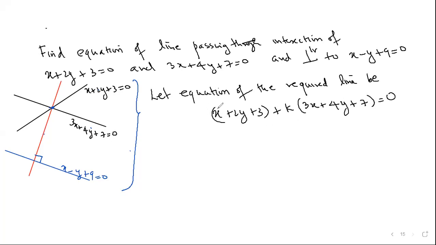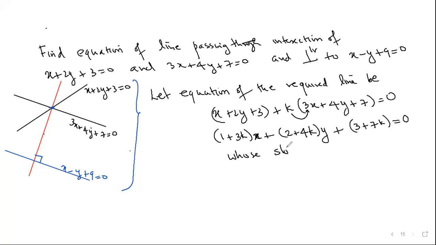What is the coefficient of x here? 1 plus 3k, into x, plus 2 plus 4k into y, plus 3 plus 7k equal to 0.